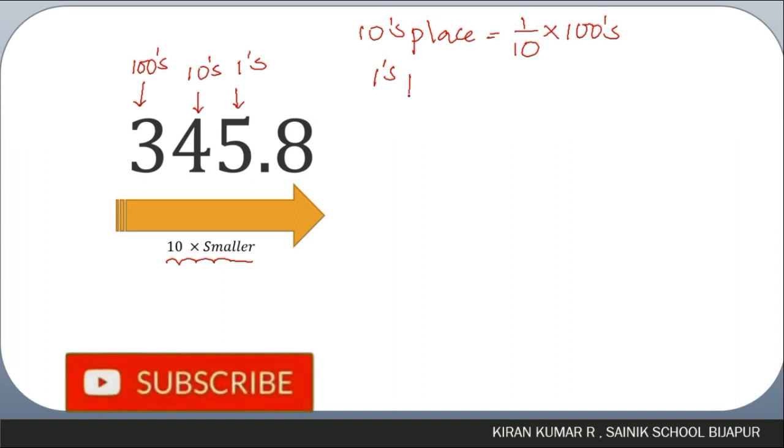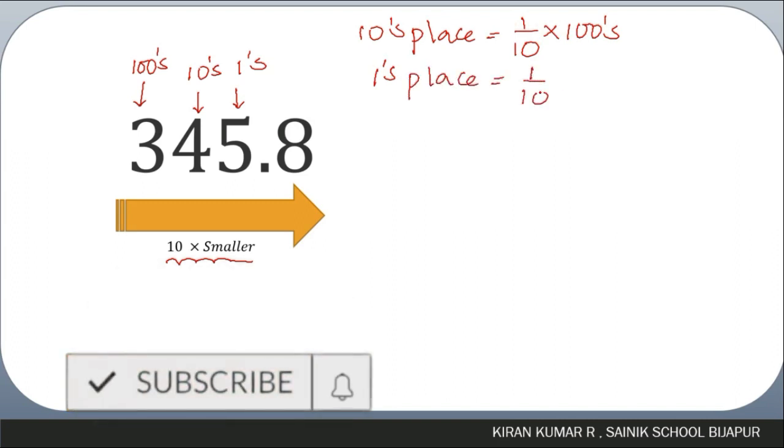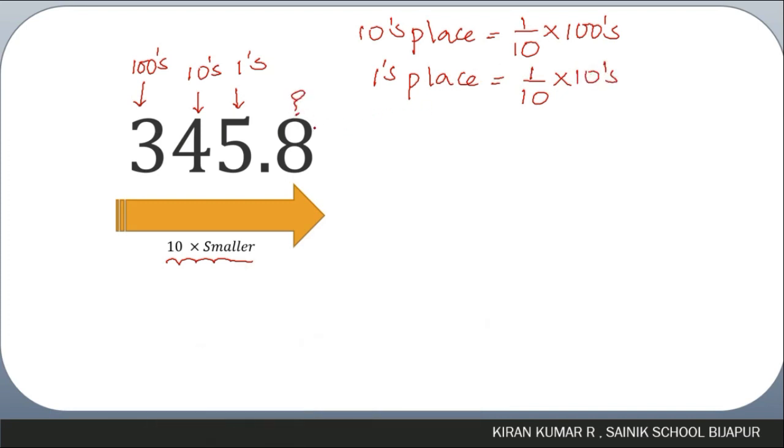Ones place is 1 by 10 times the tens place. So what will be the place value of this digit? It has to be 1 by 10 times the ones place.